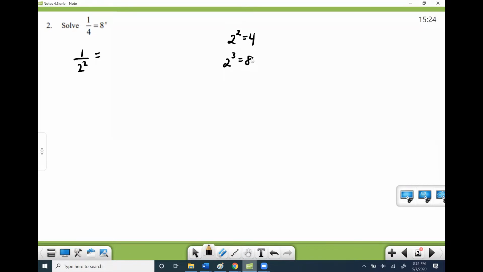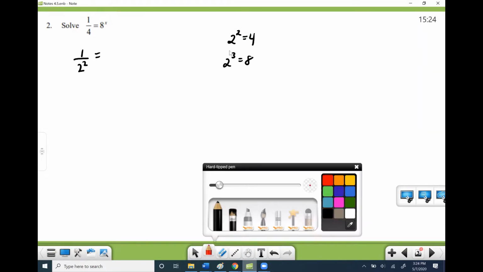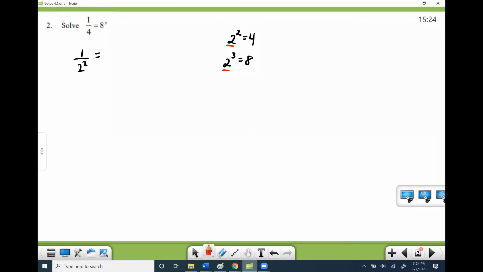So I'm thinking, let me try to write them with base 2. They have base 2 in common, so that's my goal. And the one on the right, we know 8 is 2 to the 3rd, so this is going to be 2 to the 3x. Are we good so far, you guys?